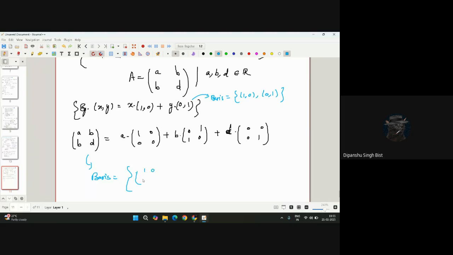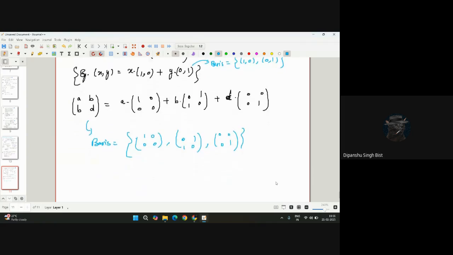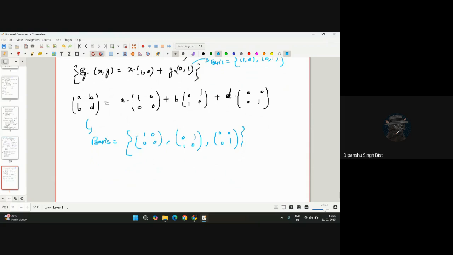First is 1 0 0 0, then the second one is 0 1 1 0, and the third one is 0 0 0 1. Okay, and then if someone asks you about the dimension of W, the dimension of W is the number of elements in your basis, the cardinality of your basis, which is 3. So the dimension is 3.